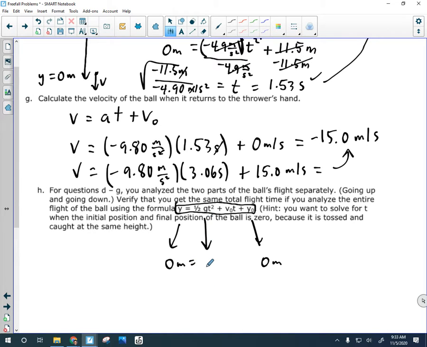Half of g for the t squared term. I'm going to run out of room if I include units, so I'm just going to leave it without units. The units would be meters per second per second.